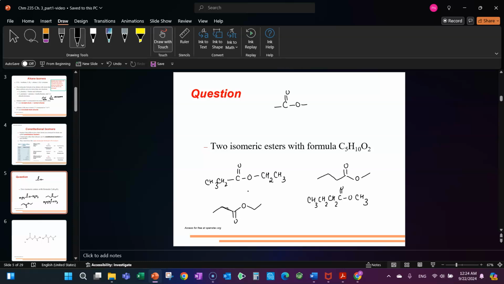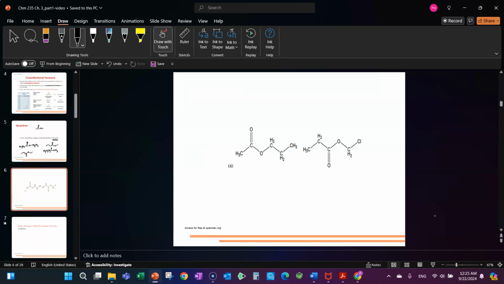So this is a different ester, because you can see that here at the single bond oxygen atom there is only 1 CH3 connected. So these are examples of isomeric esters where the molecular formula is the same, however the structure is different. So here we have the solution for it.